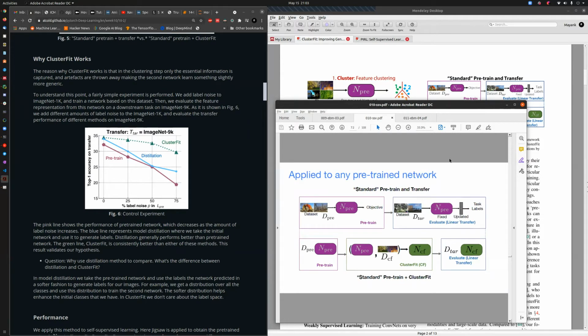I do not know about the newest papers. I think so. I will have to go through the self-supervised ones. Have they used ClusterFit? Because this was in CVPR 2020.